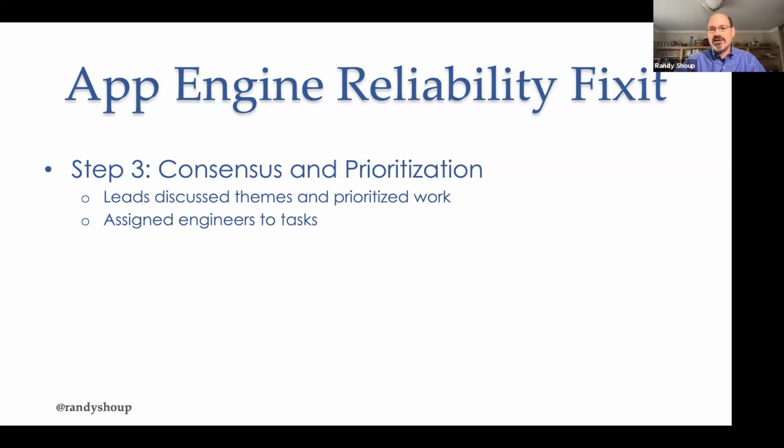So then, as a group, we had a lot of ideas there. And so what we did as a group was we reached a consensus and prioritized them. What are some of those things that were most immediate or had the highest ROI for us to start immediately? And then by the end of that meeting, we were ready to go. So we had individual engineers on the teams that were assigned to take forward a bunch of this work.